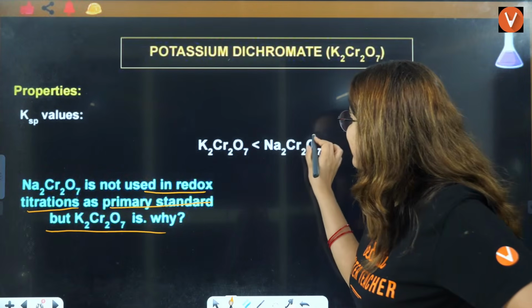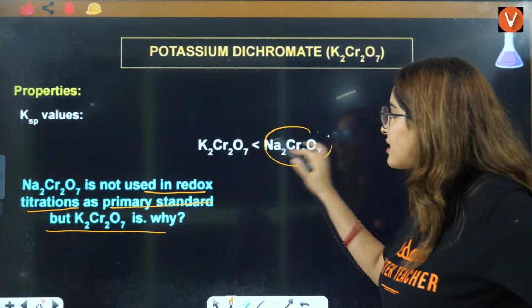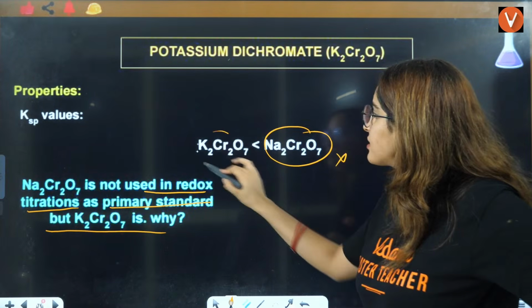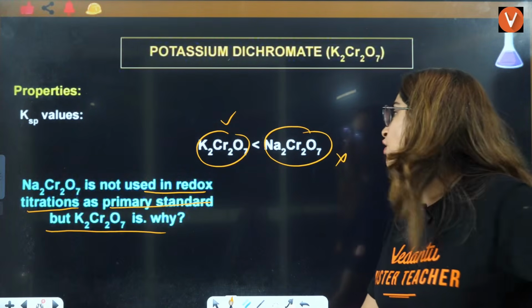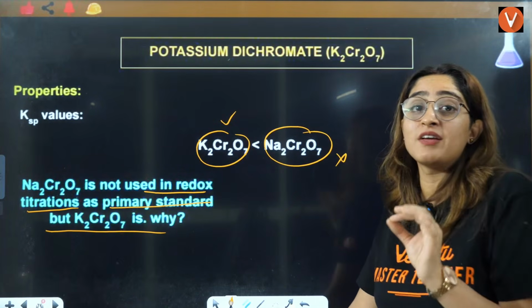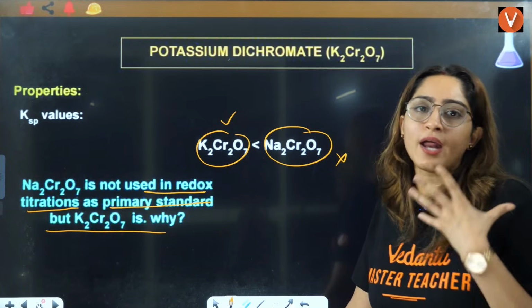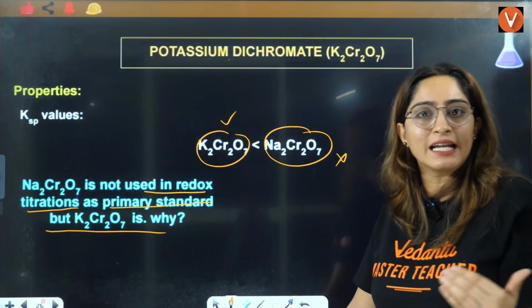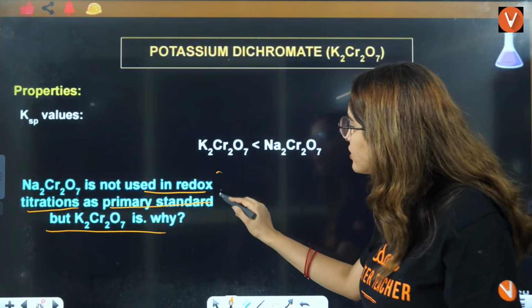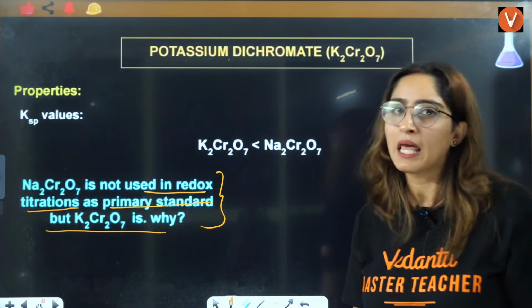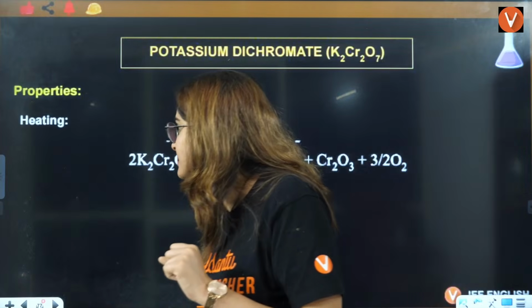Why is this one not used and this one used? Because the solubility product of Na₂Cr₂O₇ is very high, so it will be highly soluble. That is the reason it will not have its own identity in the titrations, and that is the reason K₂Cr₂O₇ is used. Again, a good JEE level question. Understood? Let's see next.